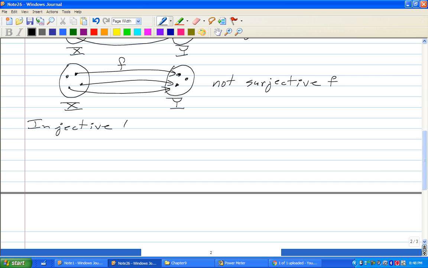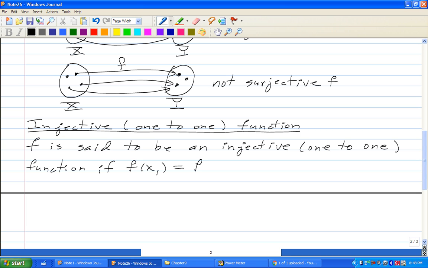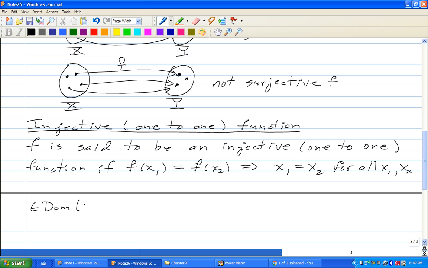So an injective, sometimes called one-to-one, function F is said to be an injective, one-to-one function if f of x1 equaling f of x2 implies that x1 is equal to x2 for all x1, x2 in the domain of f.